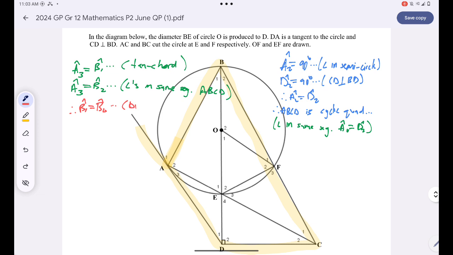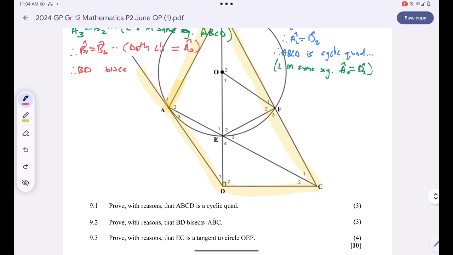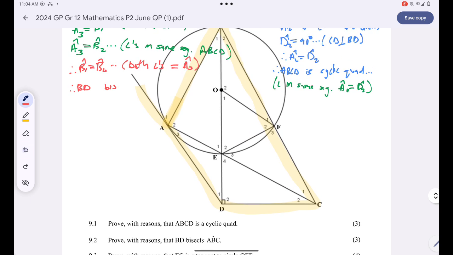Why? Because both angles are equal to angle A3. And therefore, BD bisects angle ABC. Why? Because B1 and B2 are equal.